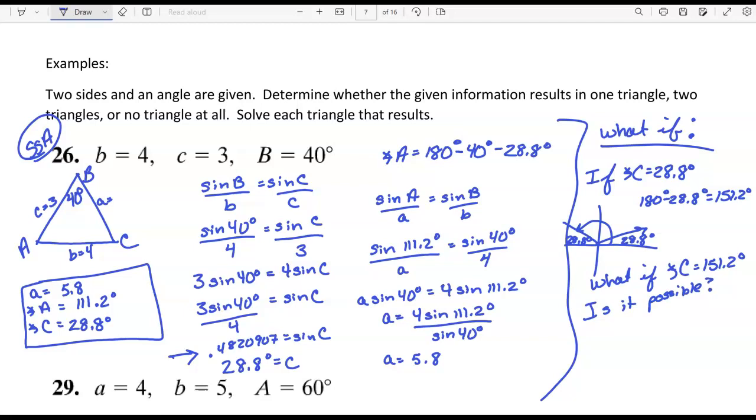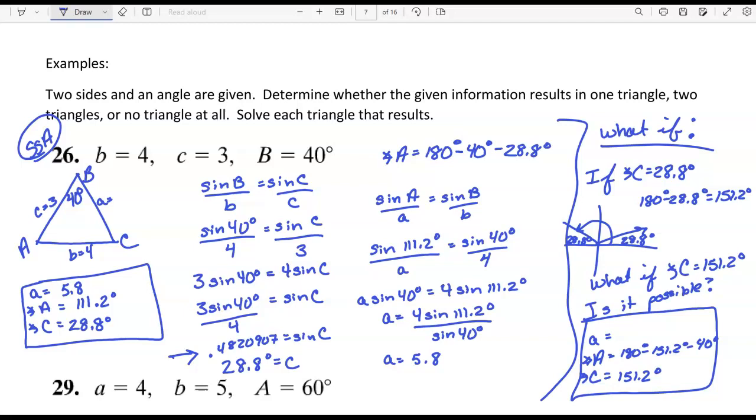Well, let's try it. So if C is 151.2, we would still have to figure out all these other things, right? So this is our what-if scenario, 151.2 here. So angle A would be 180 minus 151.2 minus 40, because 40 was angle B. Okay, is it possible? That's what we're asking.